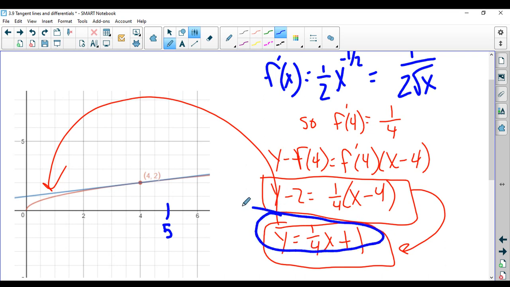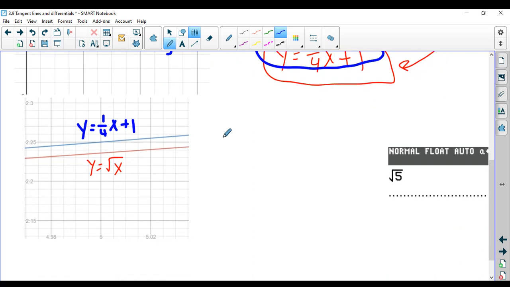That's going to be easy because it's a linear function. And these values, they look like they're the same, but down here I zoomed really, really close into 5. And you can see there's a small difference between them. The tangent line's above the actual graph. It's not very big because look at the scale over here. They're very close. So I guess we'll do it.